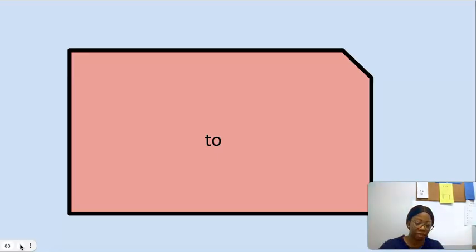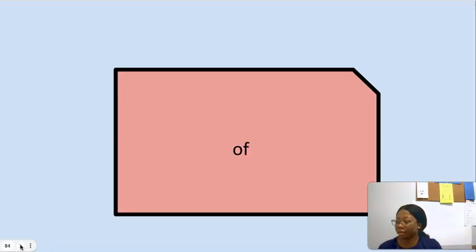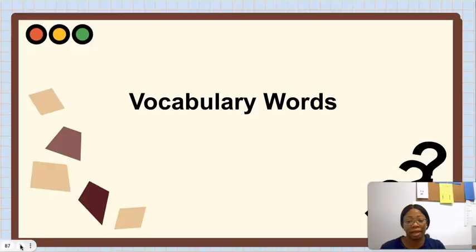All right, and then we have the word of. And of is an irregular word because the F makes a V sound. What's the next irregular word we have? What. And in what, the A does not sound like an A.